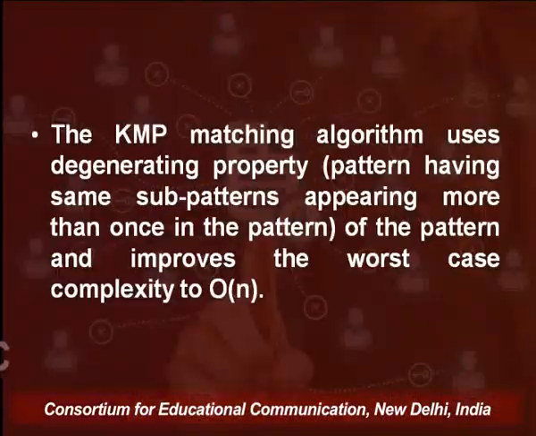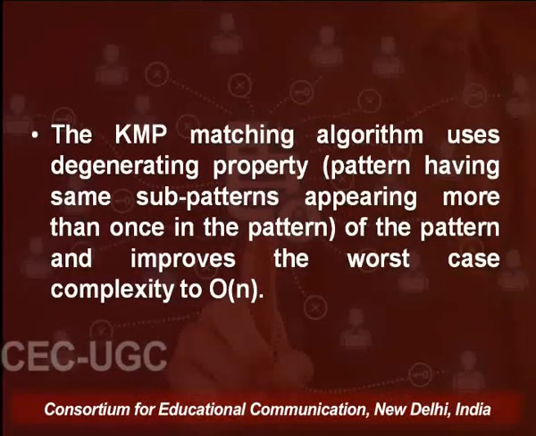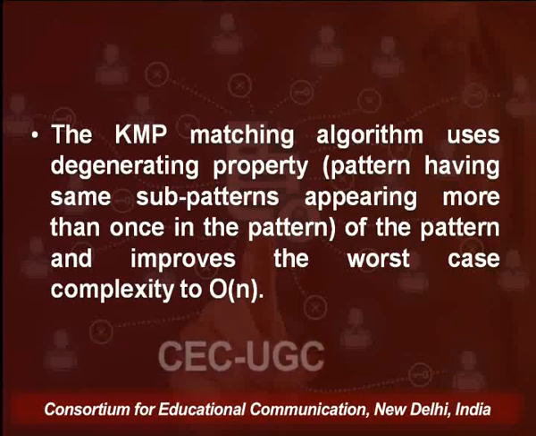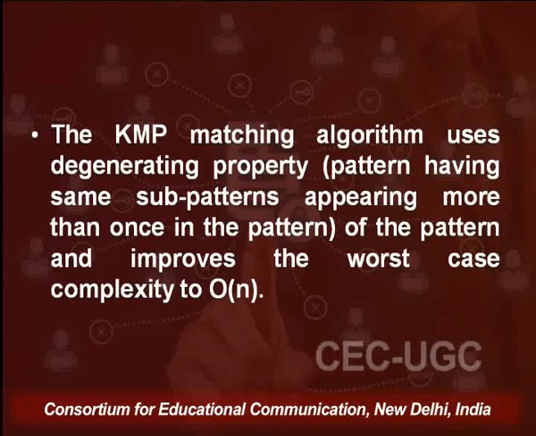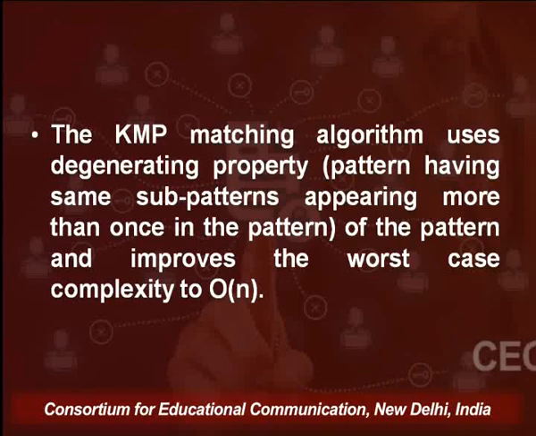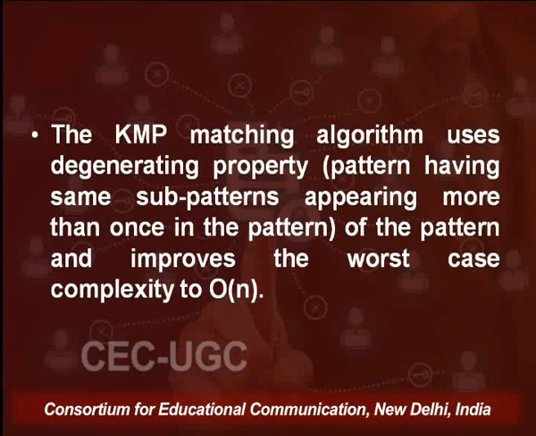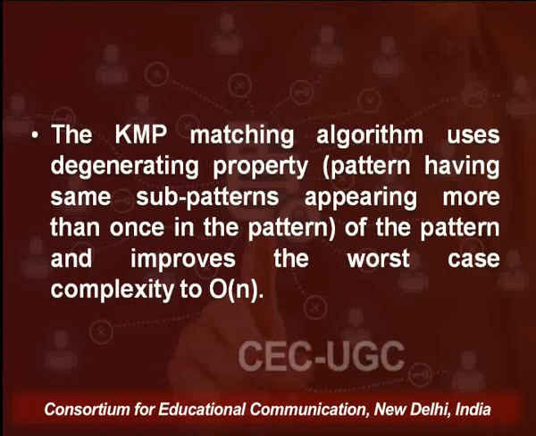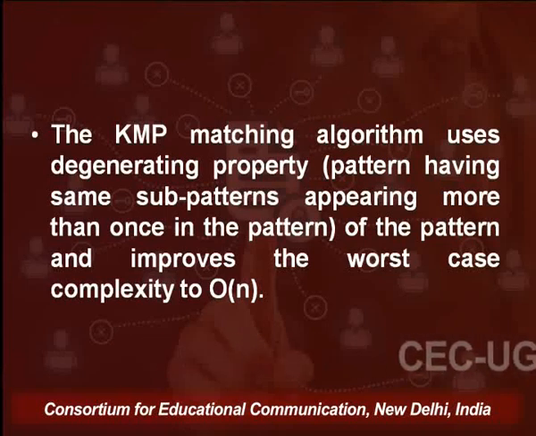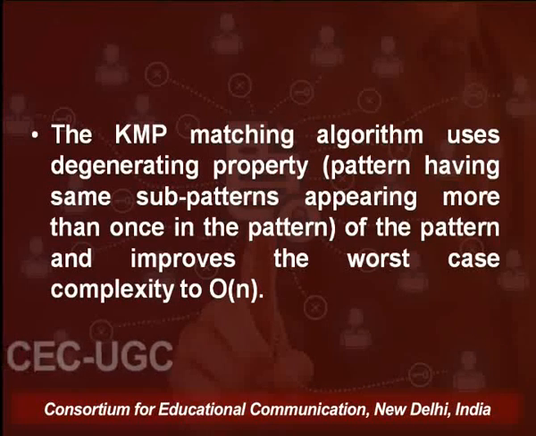So, here we can say this is what the KMP algorithm is actually doing. In technical language, I can say this KMP algorithm is using the degenerating property of the pattern. Degenerating property says that the pattern has the same sub patterns appearing more than once in the pattern.